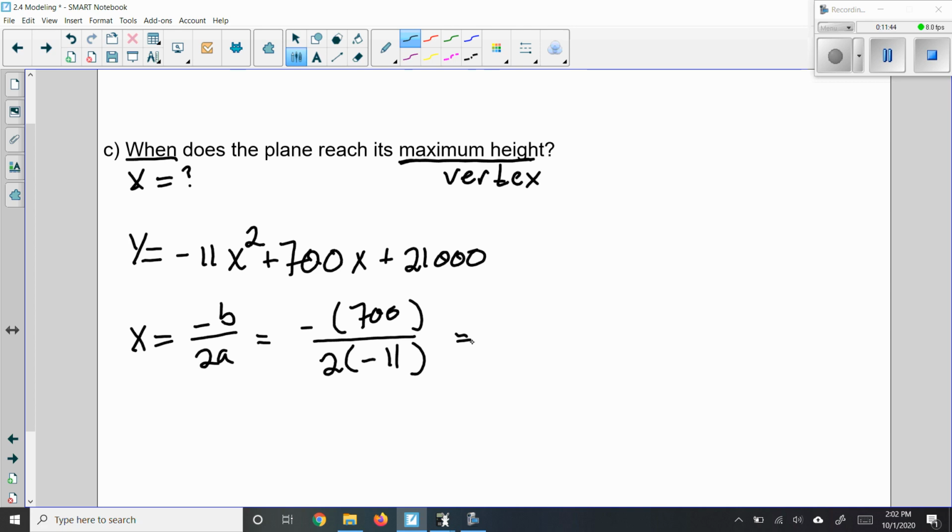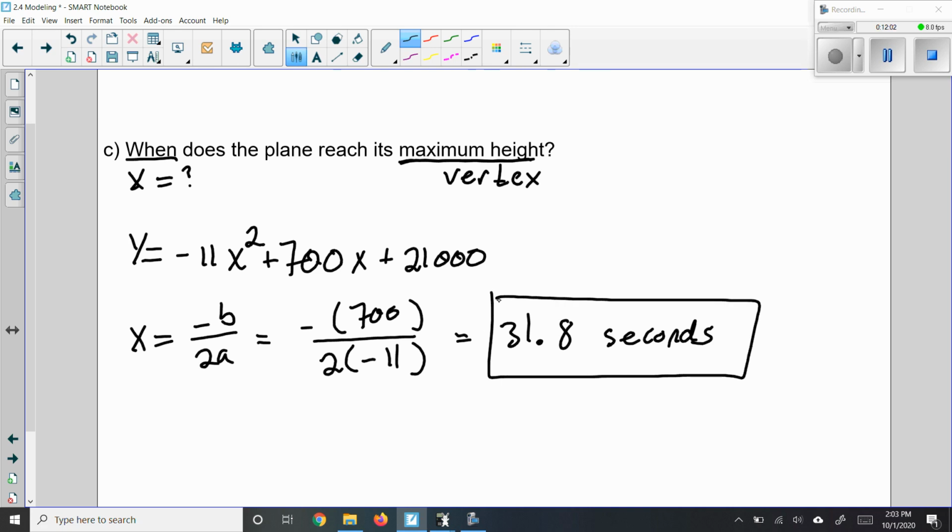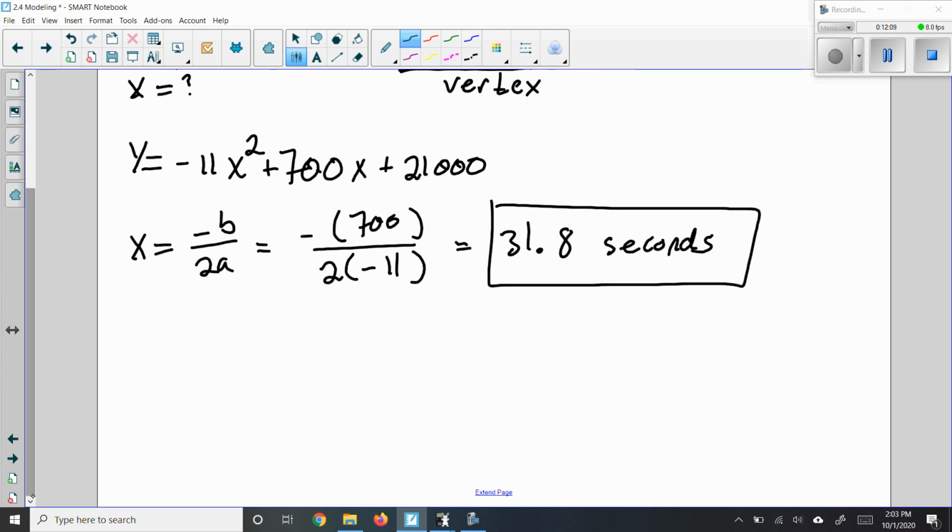So negative 700 divided by 2 times negative 11 is 31.8. And this is seconds. So the plane reaches its maximum height after 31.8 seconds.